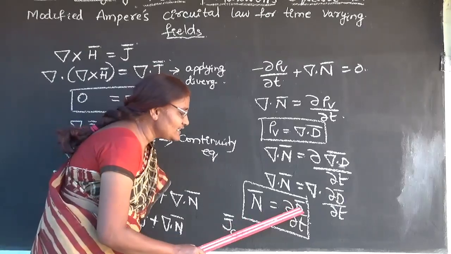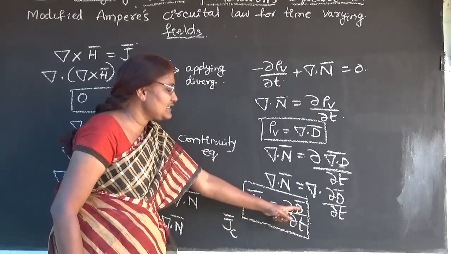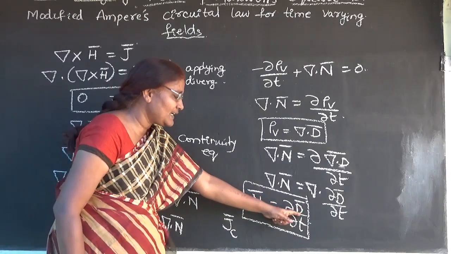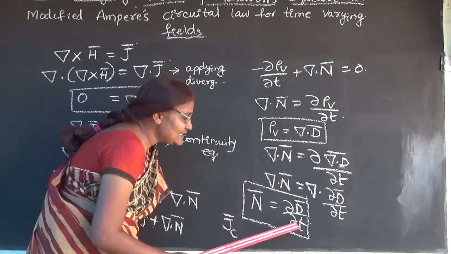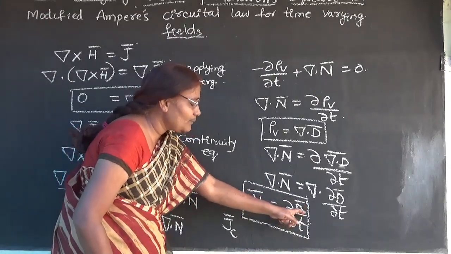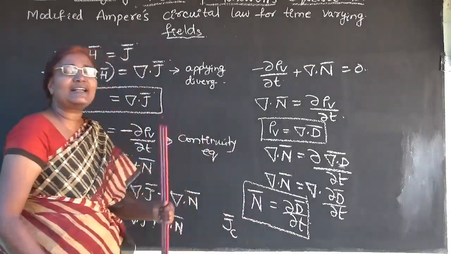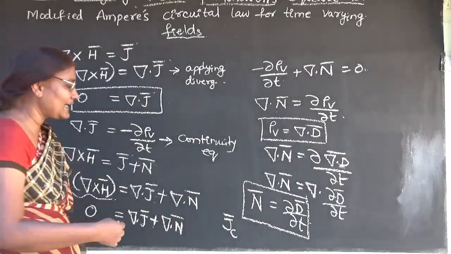Now this flux density is Coulomb per meter square, and this is with respect to t. Coulomb per meter square per second. So what will Coulomb per second give? It is nothing but a current.